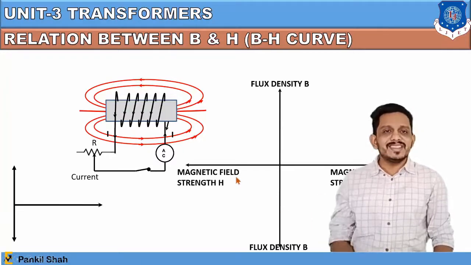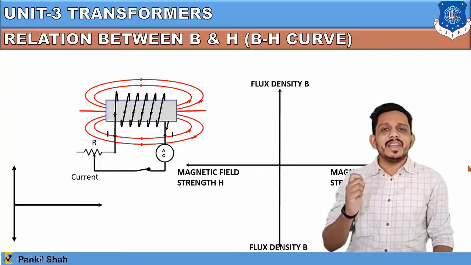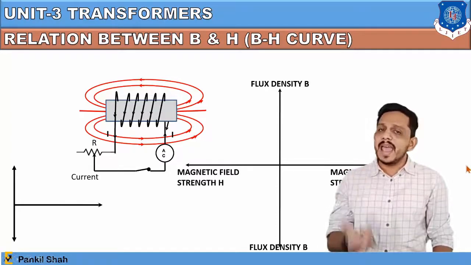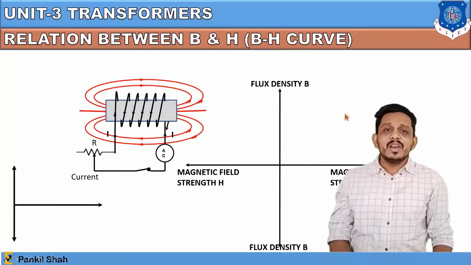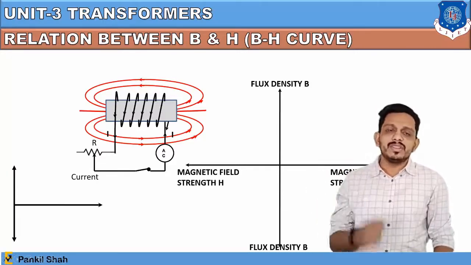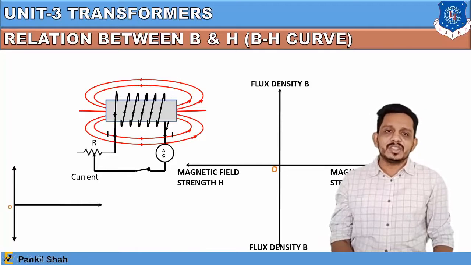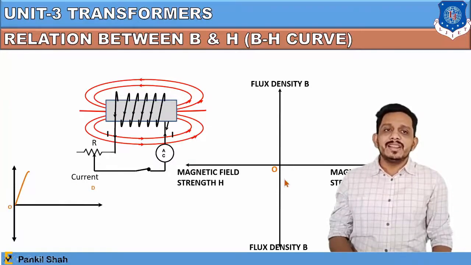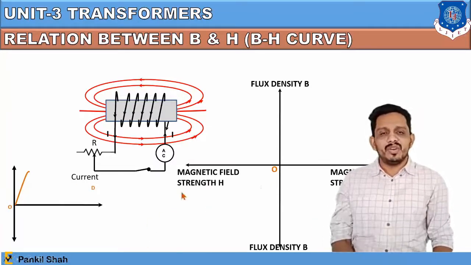You can see that on the x-axis we have taken magnetic field strength, or magnetizing force H, and on the y-axis we have taken flux density B. Now we have to draw the graph of B versus H. Let's say that at the origin, if no current was flowing, then B is 0 and H is also 0.